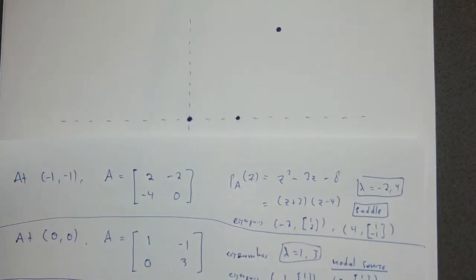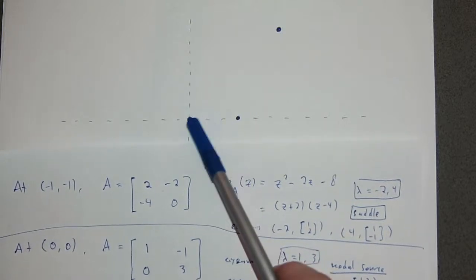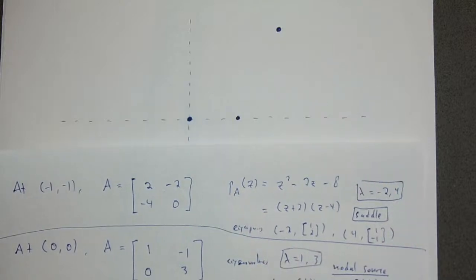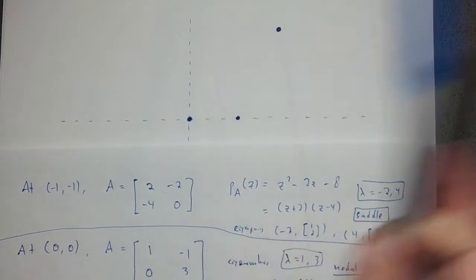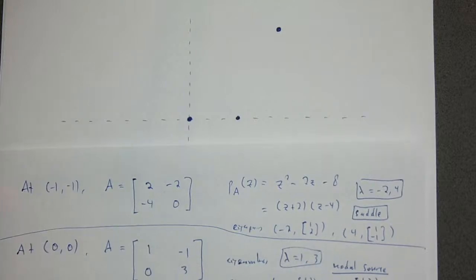This nodal source would be, so both of these line solutions emanating from this point, I'm going to have motion away from it because it's a source, right? These eigenvalues are both positive.